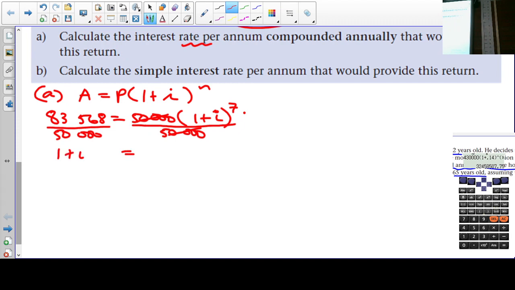So it's 1 plus i to the 7 equals. Put it in a calculator: 83,568 over 50,000 gives you 1.67136. So I say 1.67 and the number of course carries on.